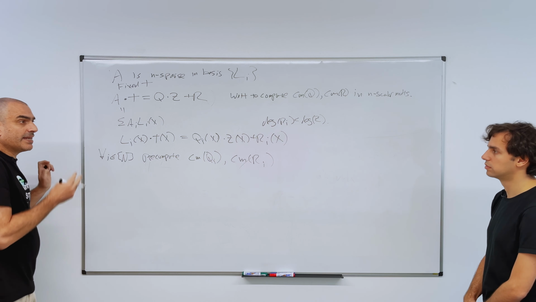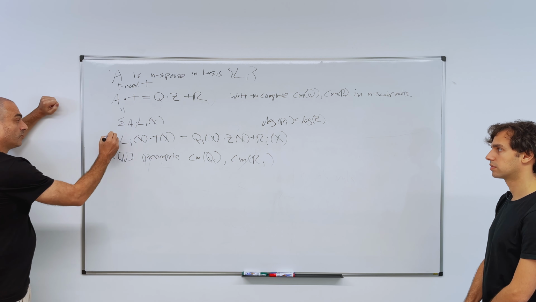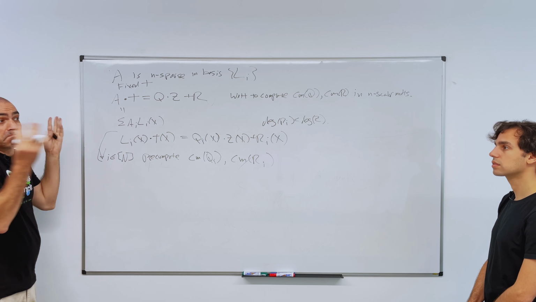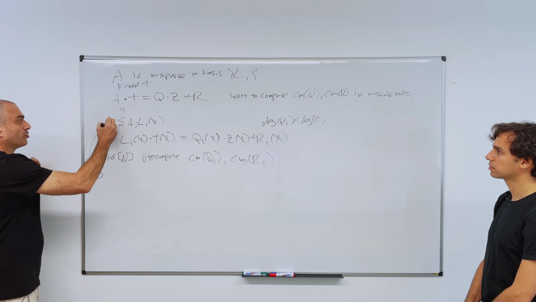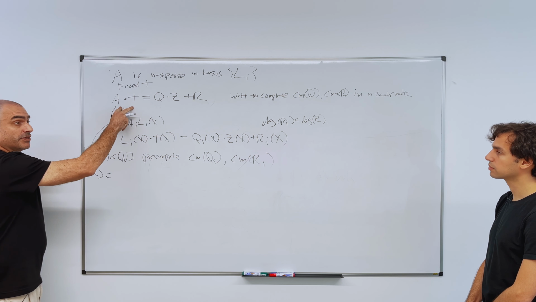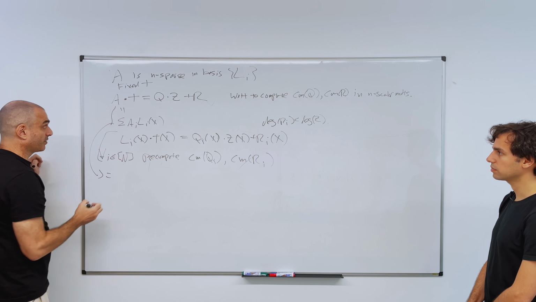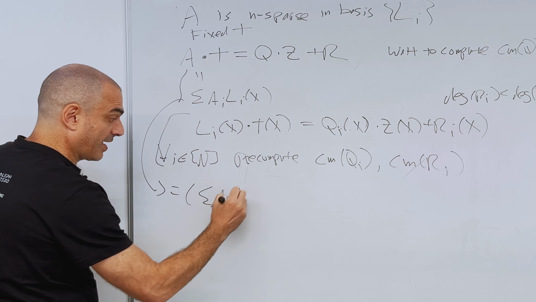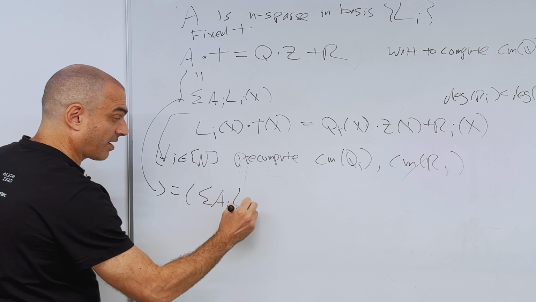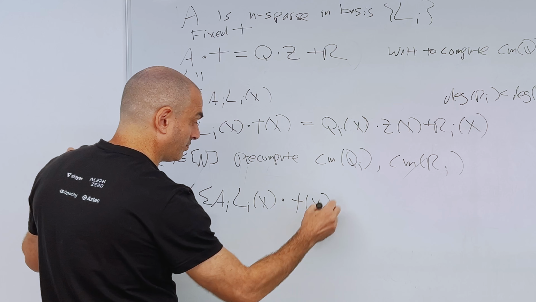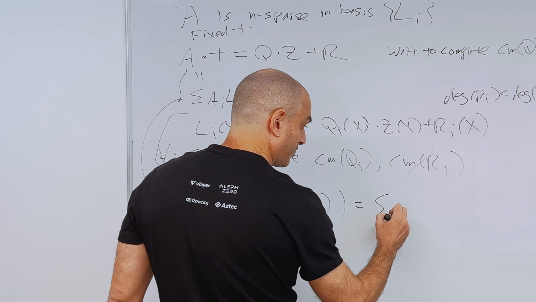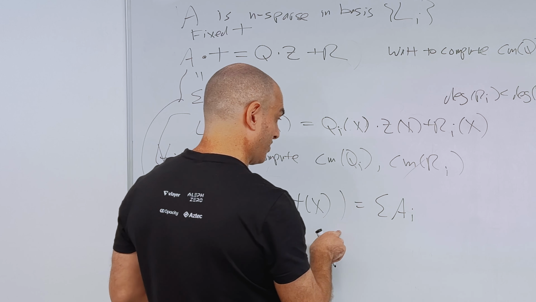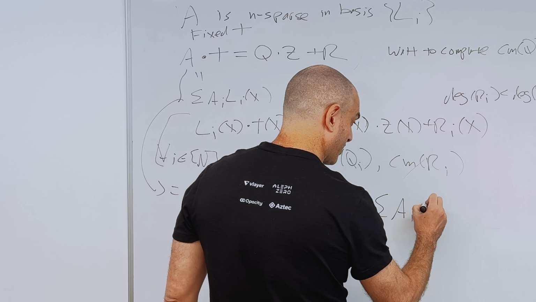Now we're just going to use the linearity of division with remainder. So this is the sum of ai Li(x) times t(x), which is the sum of ai Li t(x).